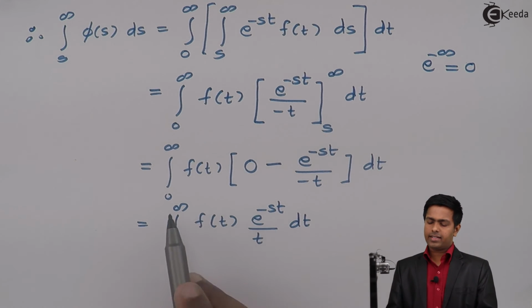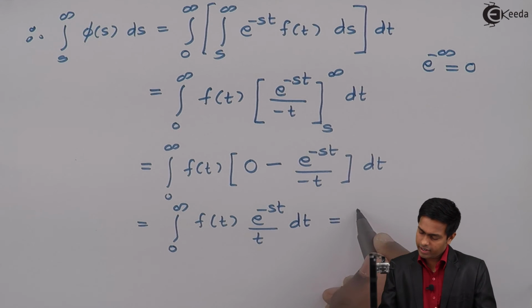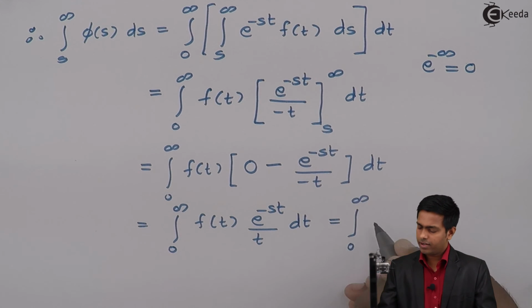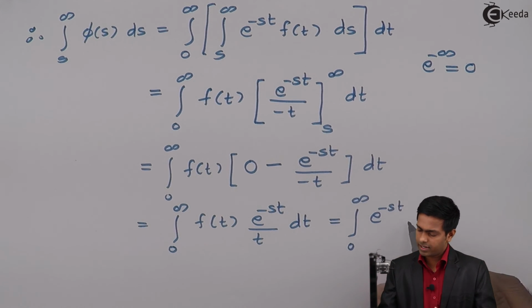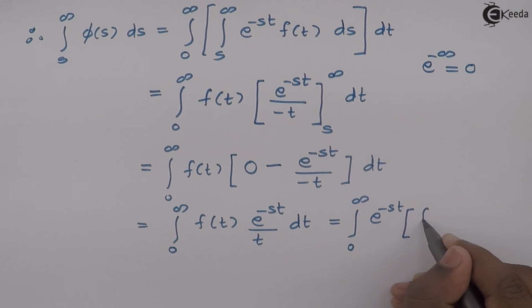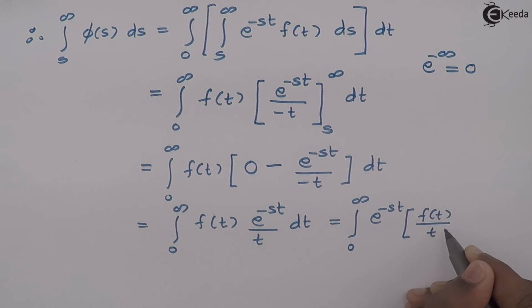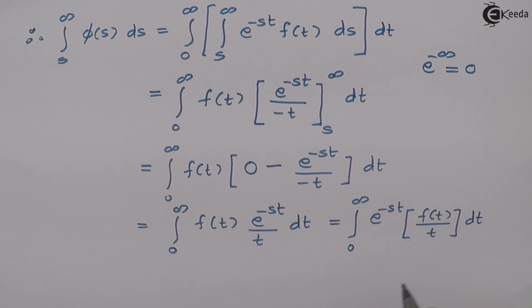Now I can rewrite this integration as integration 0 to infinity e raised to minus st times f of t by t dt.